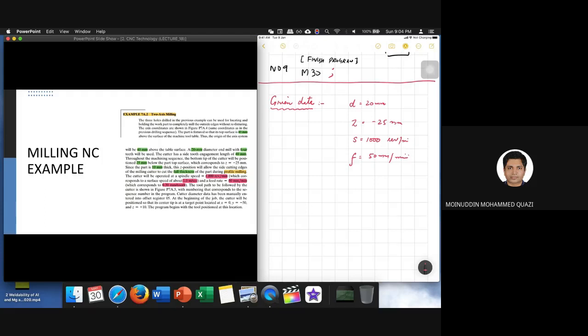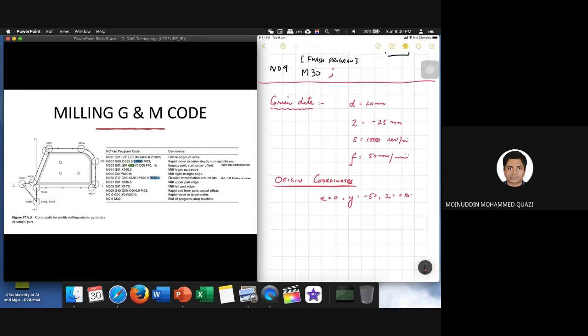At the beginning, the cutter will be positioned at the origin coordinates: X equals 0, Y equals minus 50, and Z equals plus 10. So let us start the problem.